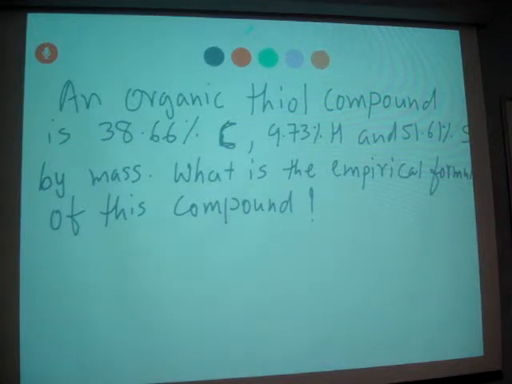Okay. So first we have given percent composition of each element. So first we assume there is 100%, and that's the grams, 38.66 grams of carbon.